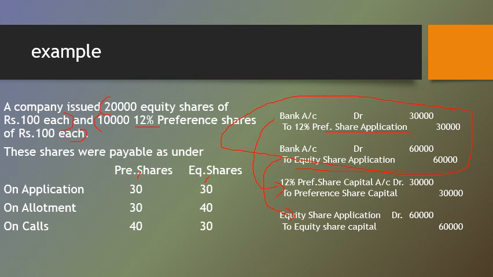How? Bank account debit, rupees 30,000 and rupees 60,000, total rupees 90,000 received, and this 90,000 is credited to 12% preference share application and to equity share application.